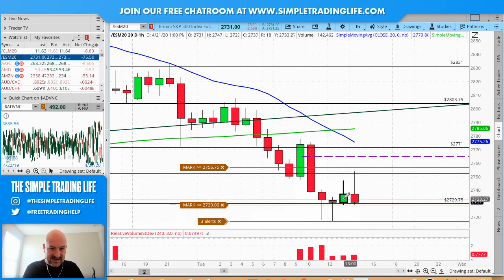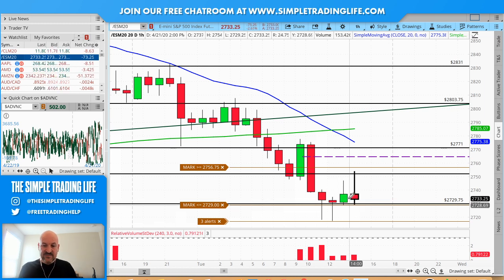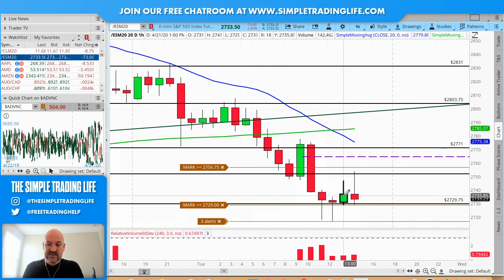The body itself is $4, and the overall length of the candle is $18.